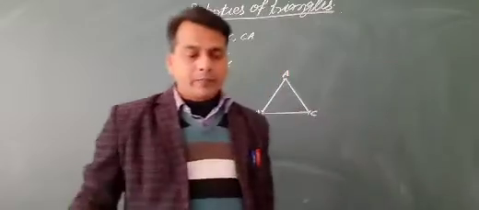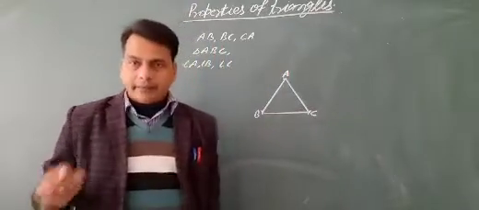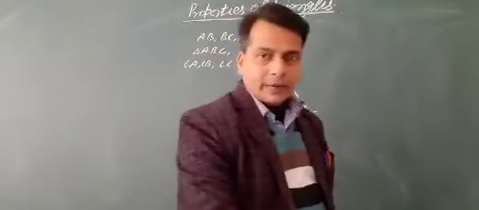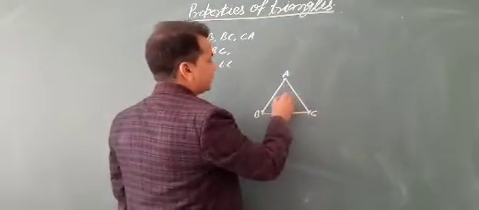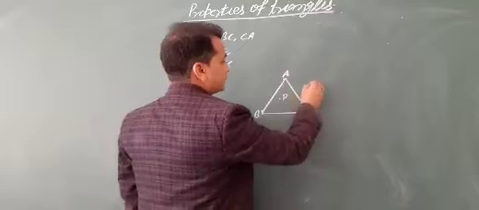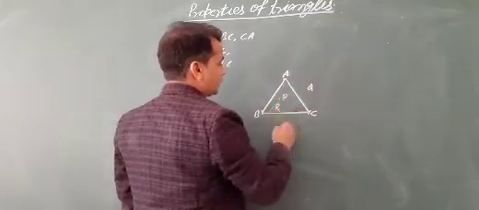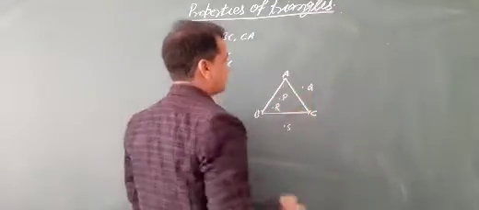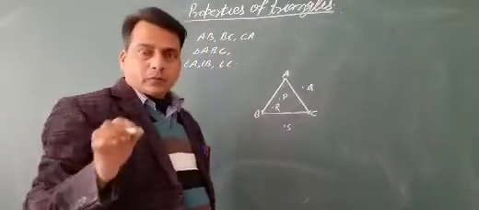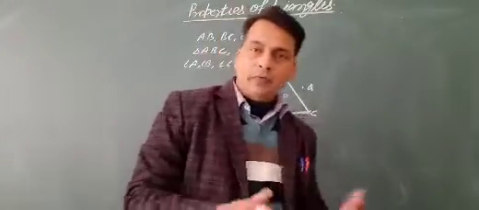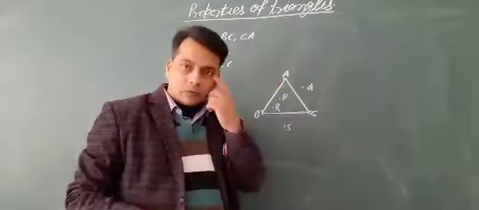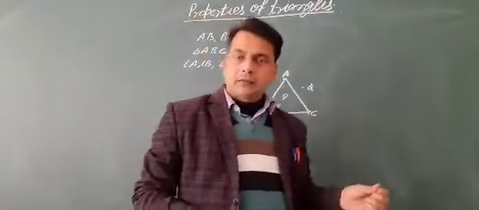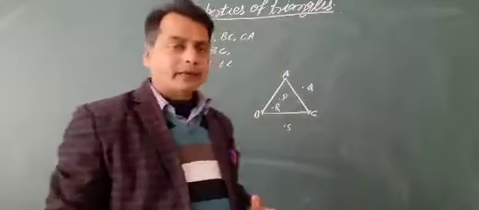Now, the interior or exterior of a triangle. Here is an example with points P, Q, R, S. Interior of a triangle means inside of the triangle.